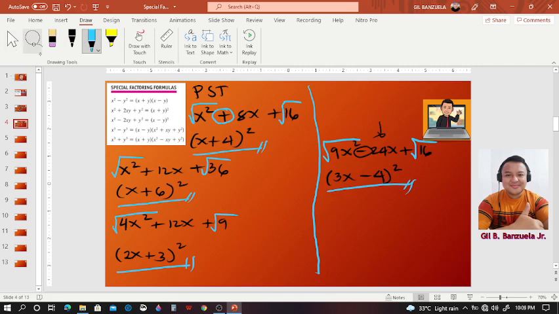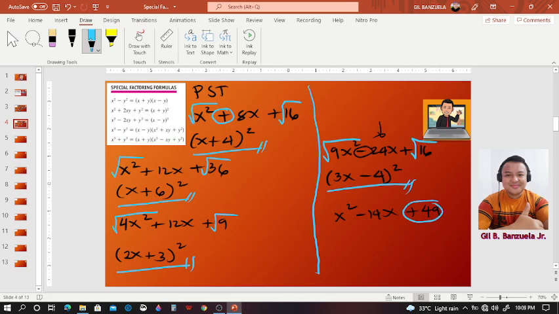And one last. So supposing I have x squared minus 14x, then plus 49. So another thing, guys, that is very familiar on PST: the last term is always positive or plus.